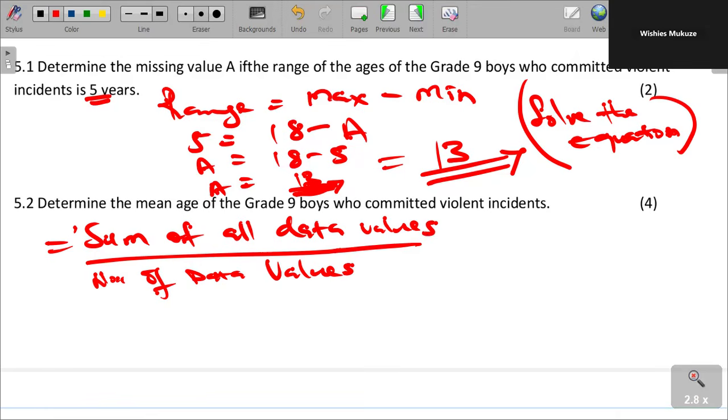So what we are saying is that sum is an addition of all the numbers.